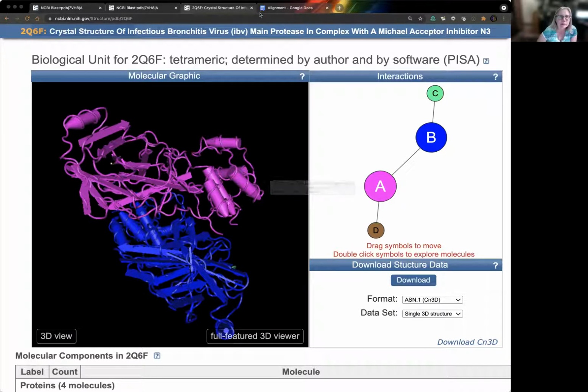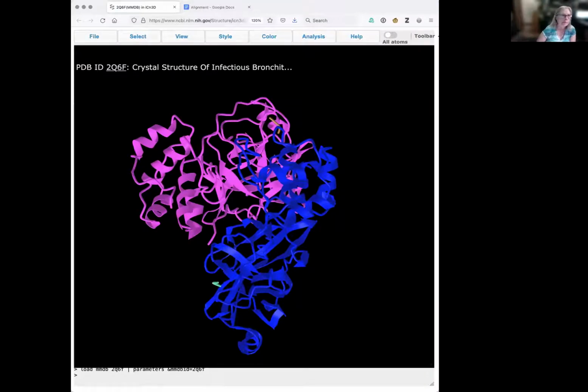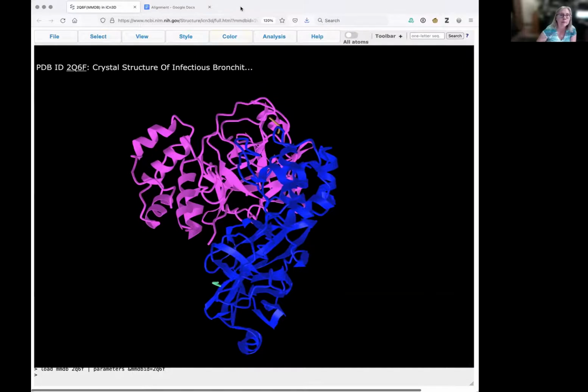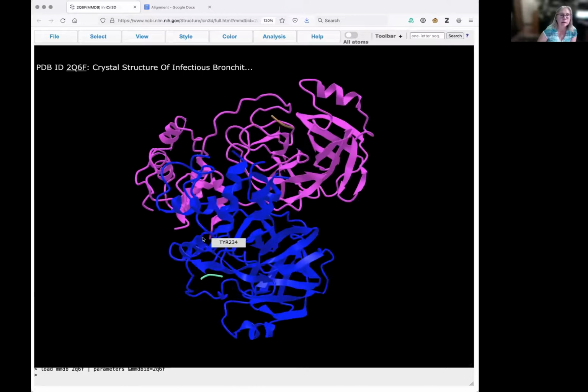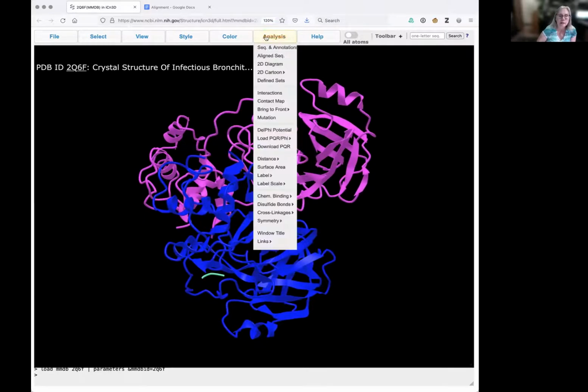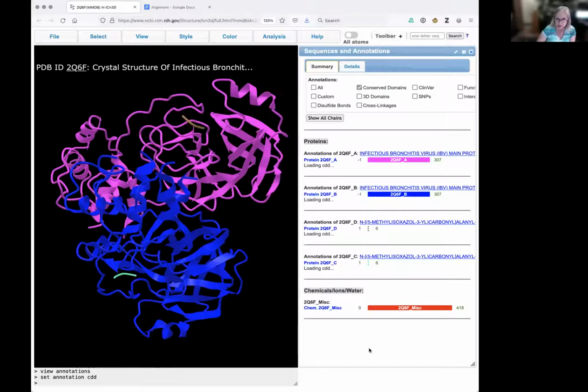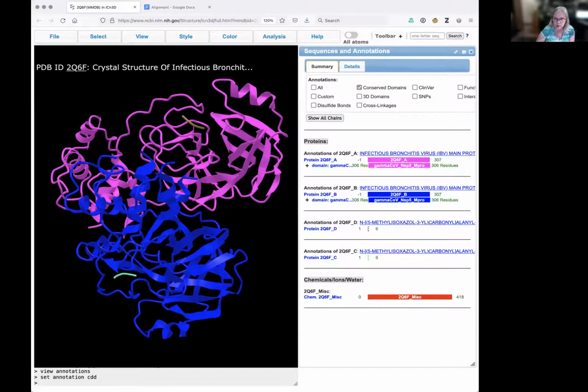Now I'm going to switch over to a different browser because I like to use iCn3D with Firefox. We'll take a closer look at the structure and figure out what it's doing. I'm going to open the Analysis menu and click Sequences and Annotations so that I can see the different chain names and how these are organized.